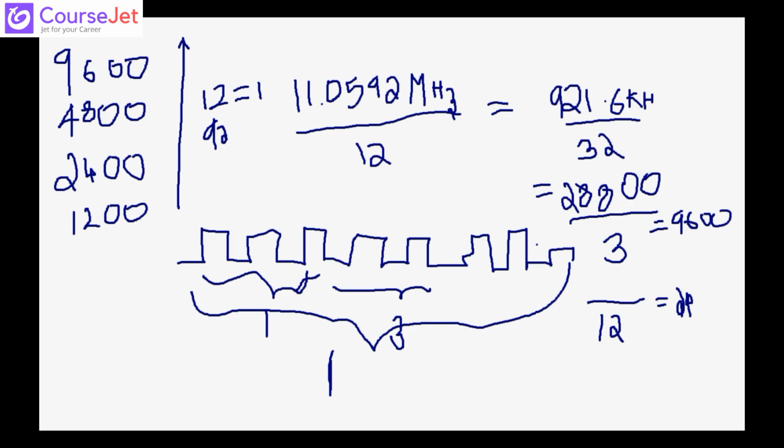In that way you get 9,600. So when you have 28,800, you are dividing it into groups of 3. That means 1 to 3 is 1 only, 4 to 6 is 2, 7 to 9 is 3, and 10 to 12 is 4.